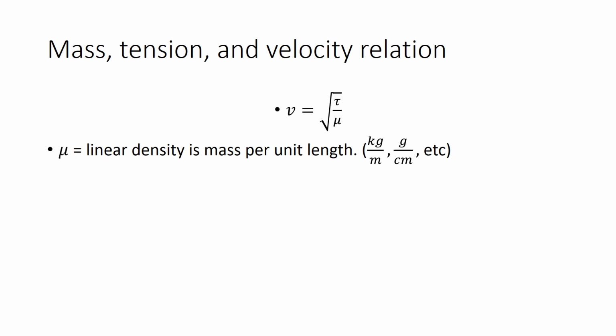Well, this is very similar, but instead of a volume, we're going to go one-dimensional and take a line density. And that's going to be in units of kilograms per meter, grams per centimeter, so it's going to be a mass per unit length. Of course, tau is tension and v is velocity. Those two things I hope that you understand by now.